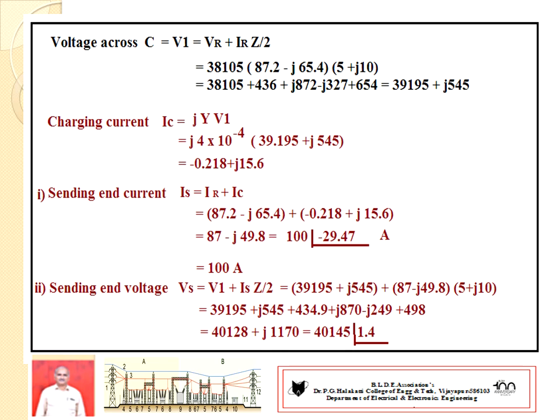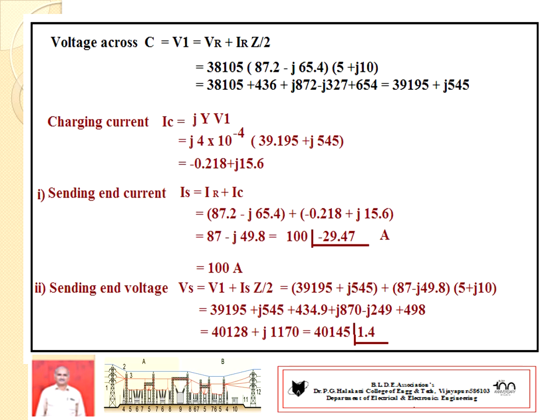This voltage drop is given by coming from load side, VR plus 50% of impedance drop, IR into Z by 2. So Z value you are knowing, take 50% of resistance plus 50% of reactance, that is 5 plus j10. Remaining values, VR you are knowing, IR you are knowing, do the calculation as it is.